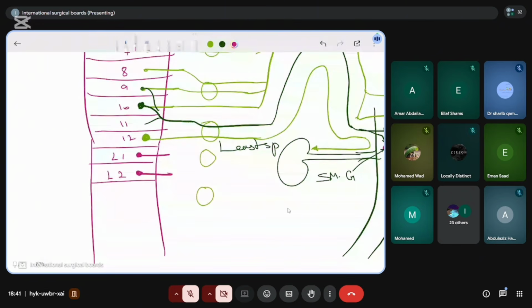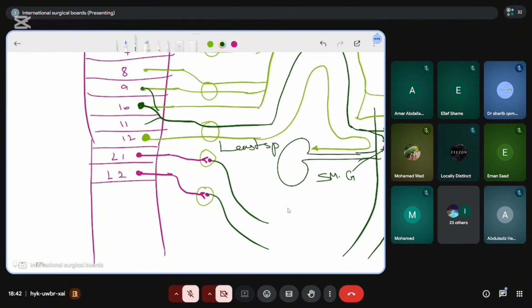These nerves move to the sympathetic chain and now they synapse, and from the sympathetic chain, postganglionic fibers emerge. So that's not like the thoracic splanchnic nerves. It is different. Thoracic splanchnic nerves remained preganglionic throughout their course, but these nerves synapse in the sympathetic chain and emerge as postganglionic sympathetics.